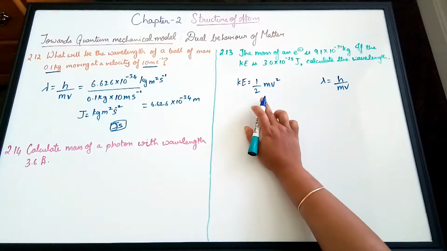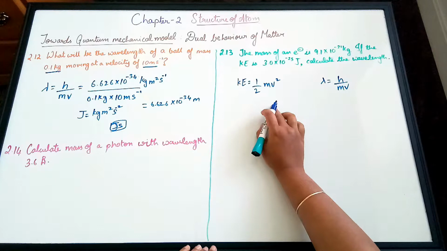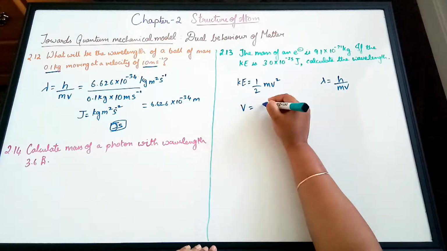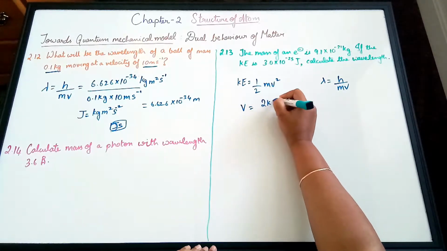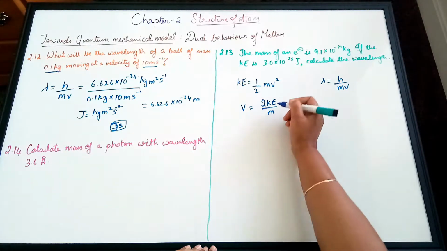Now here we know that kinetic energy equals half mv square. So v will be equal to the square root of 2 into kinetic energy divided by m, that is the mass.